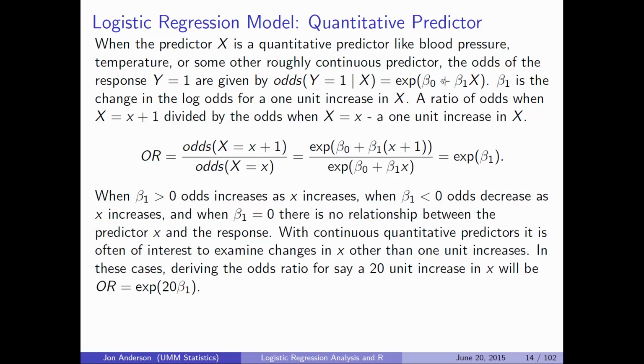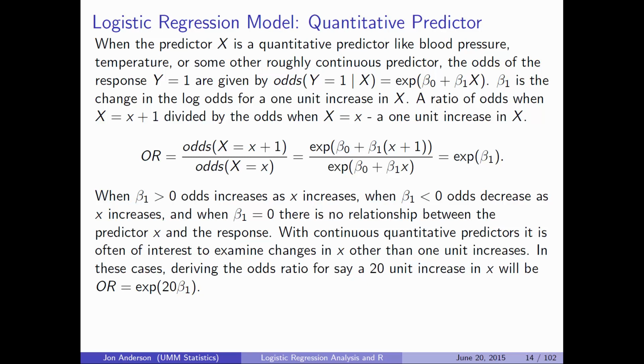Plug into this odds function, the logistic regression model, and you have e to the beta naught plus beta 1 times the predictor value x plus 1. In the denominator, it's the predictor value of x. The beta naught terms cancel in the numerator and denominator. Beta 1 times x cancels with the denominator beta 1 times x, and you're left with e to the beta 1 times 1 in the numerator. And so this is the relative risk.